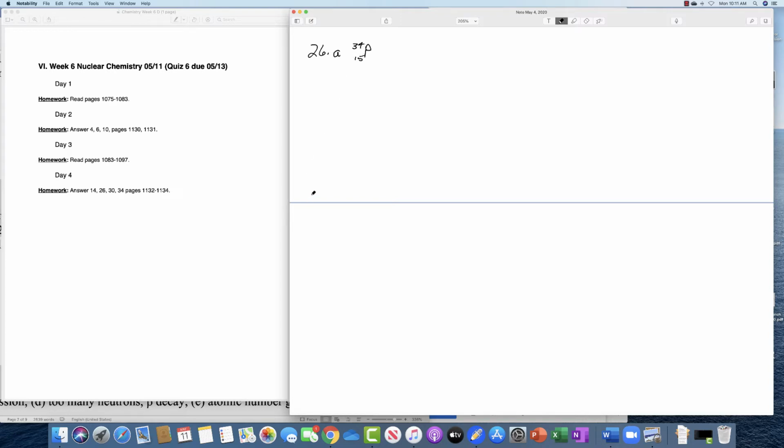34-15. Now, as we look at that, normal phosphorus is 30-15. And so what we have here is too many neutrons. If you have too many neutrons, or a high neutron to proton ratio, what occurs is an attempt to get rid of neutrons.